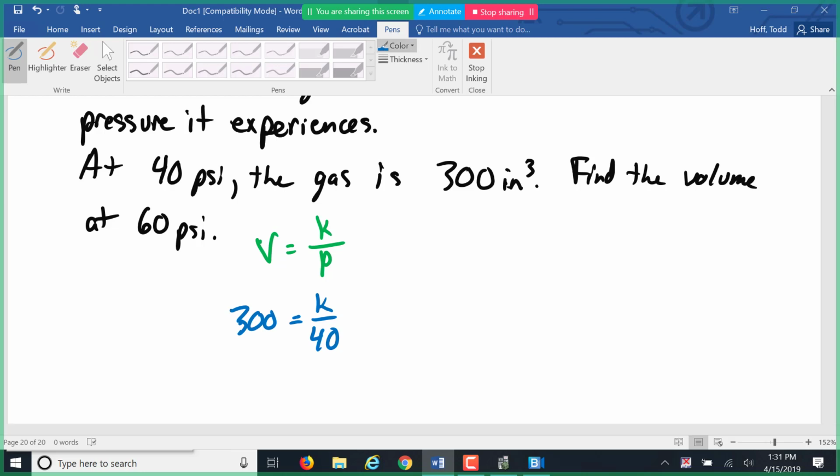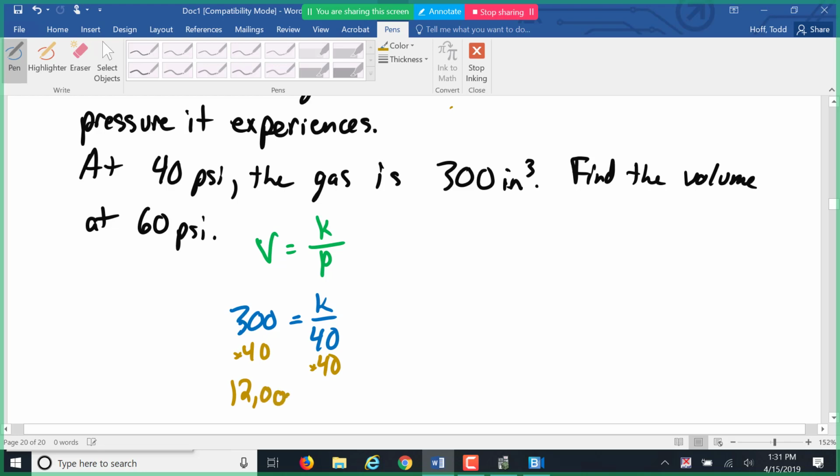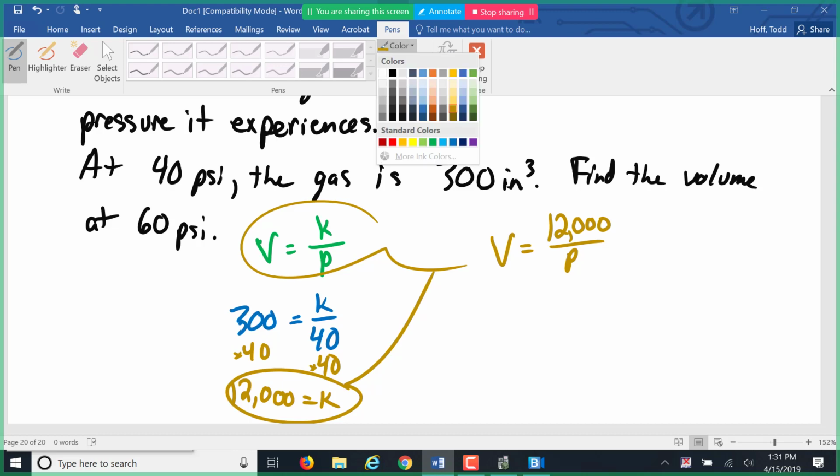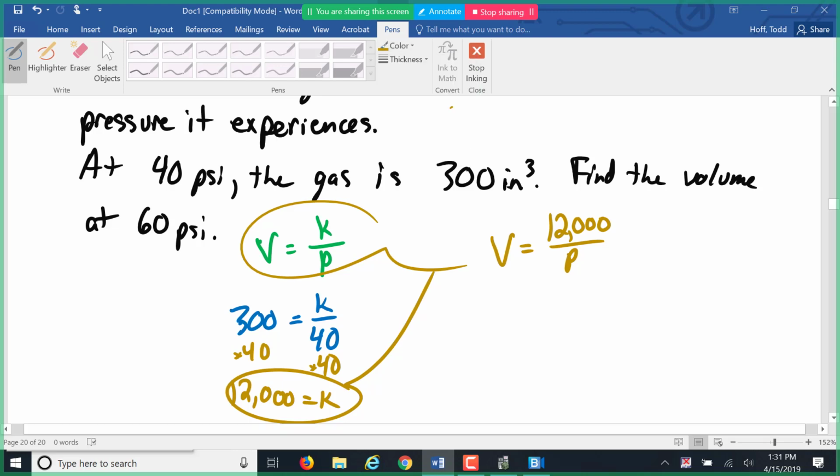K is going to end up being the same either way, though. We multiply by 40 to get K by itself. You get that K equals 12,000. So the volume is 12,000 divided by the pressure. Find that volume at 60 psi.